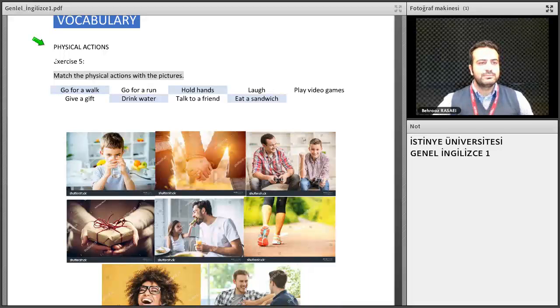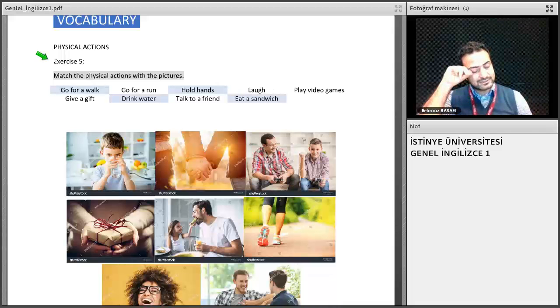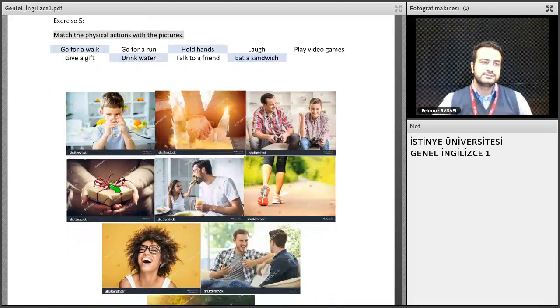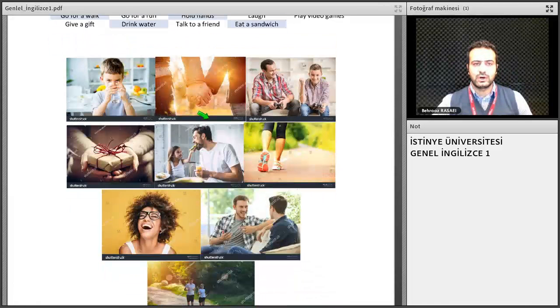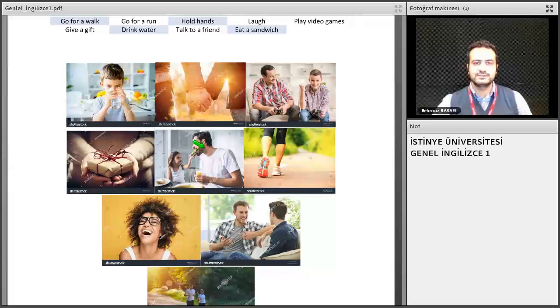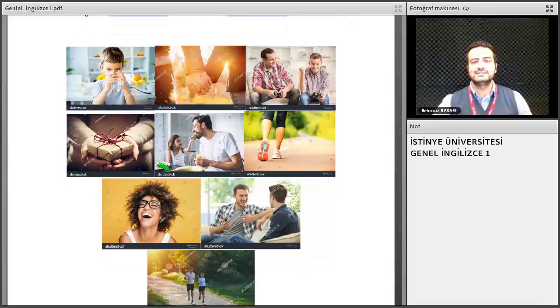Here is a vocabulary part. Physical actions are the actions we do by our hands or by our body. So exercise 5, match the physical actions with the pictures. For example, we have go for a walk, go for a run, hold hands, laugh, play video games, give a gift, drink water, talk to a friend, and eat a sandwich.